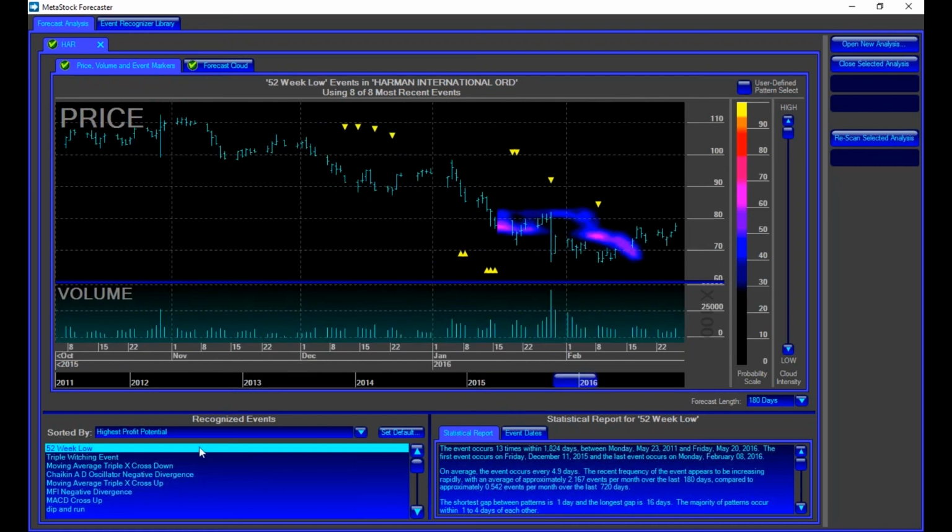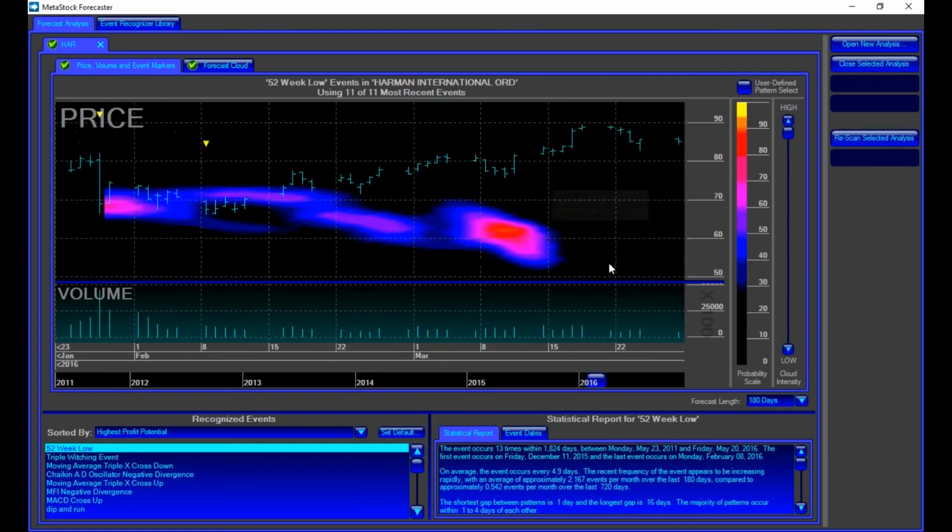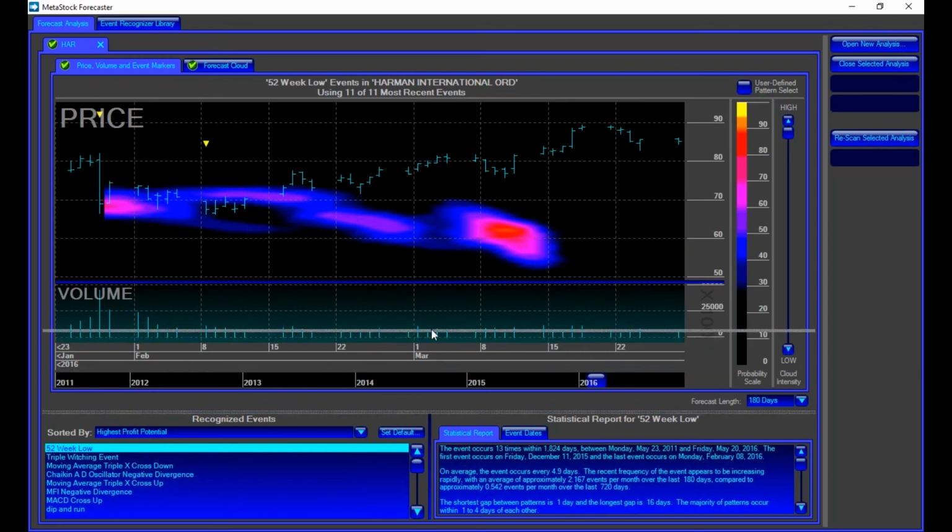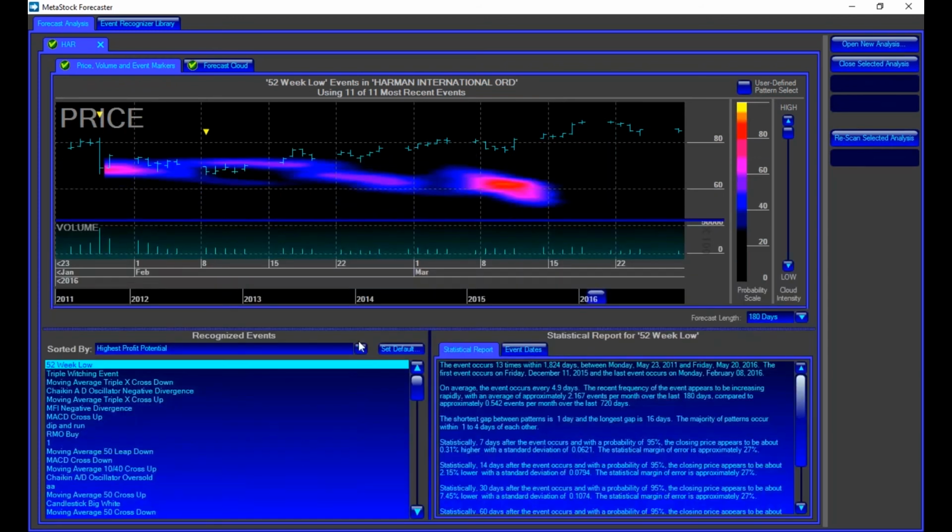Now, looking at some of these events, we kind of missed the mark here, but that's if we're trading based off of our 52-week lows.